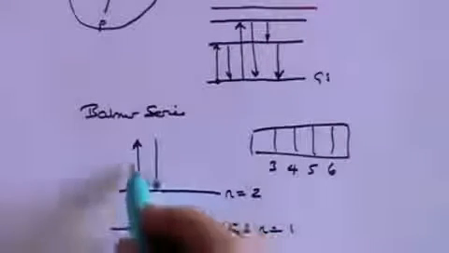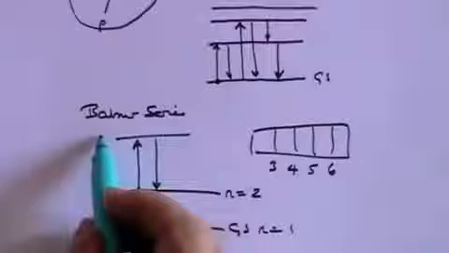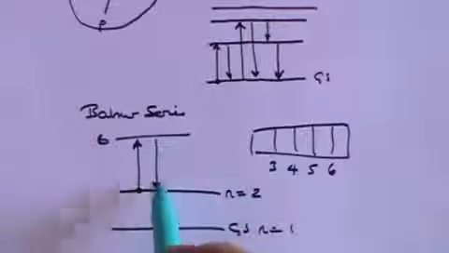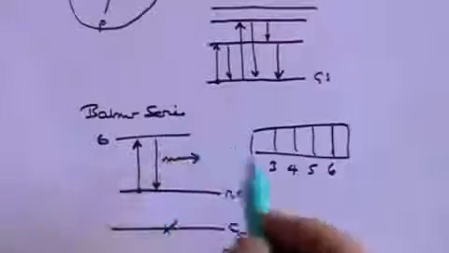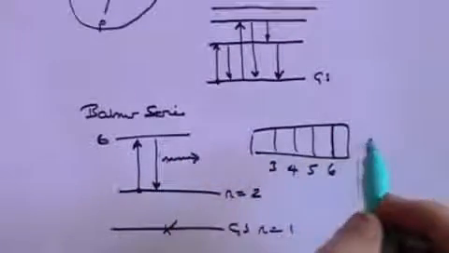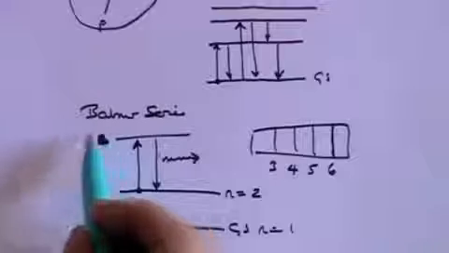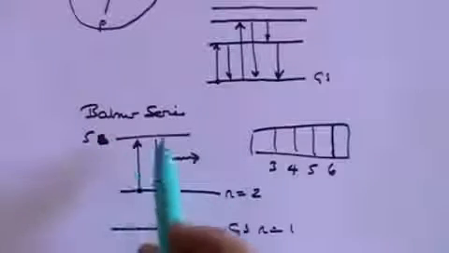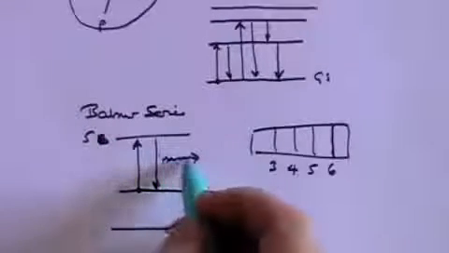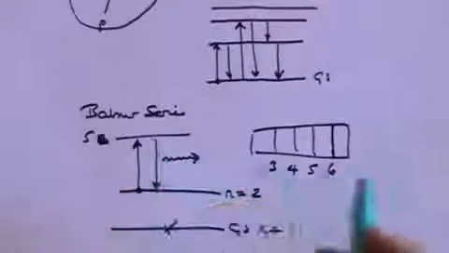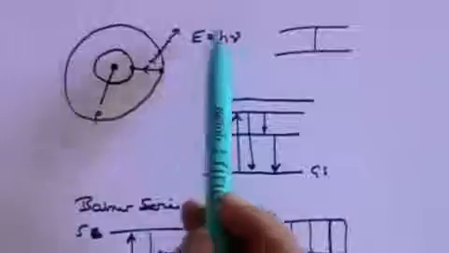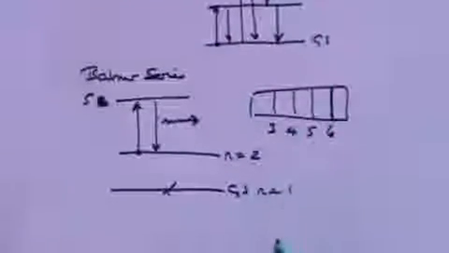So the electron goes up to, let's say, energy level 6 and comes back down again. That will then give off, of course, a photon, and that will be this one. If instead the electron goes up to energy level 5 and comes back down again, it will emit a photon of a different frequency because the energy difference will be different. And we've already shown that energy E equals h nu.